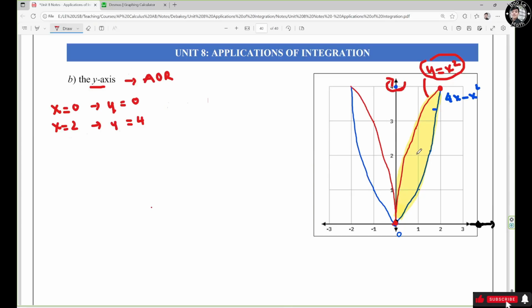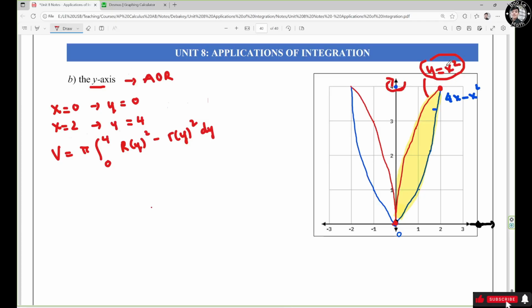Now, we need to determine which one is the outer radius and which one is the inner radius, right? So volume is pi times the interval from 0 to 4, right? Of big R(y) squared minus little r(y) squared dy, right?